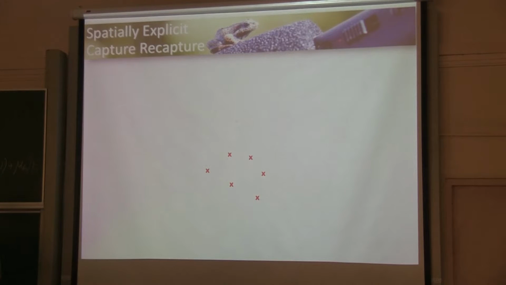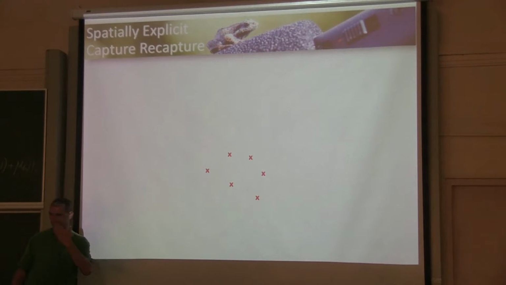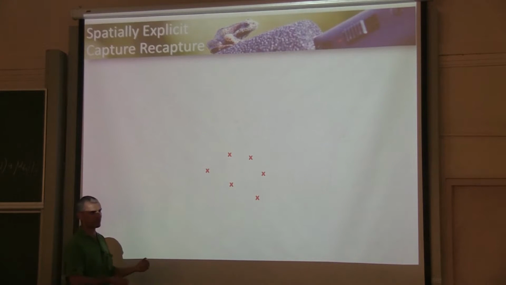So there's lots of people who put up camera traps to look for leopards in this kind of area, well, not right here, but in the mountains near here, and because they can individually recognize the leopards and they spatially know where the camera traps are, they can estimate the density of leopards within a particular area.